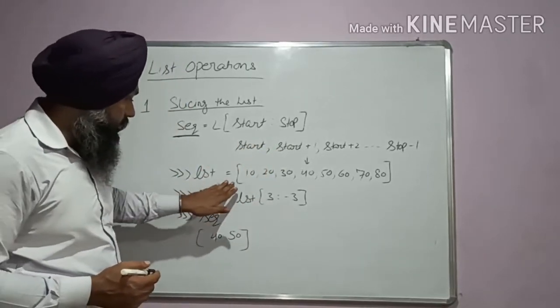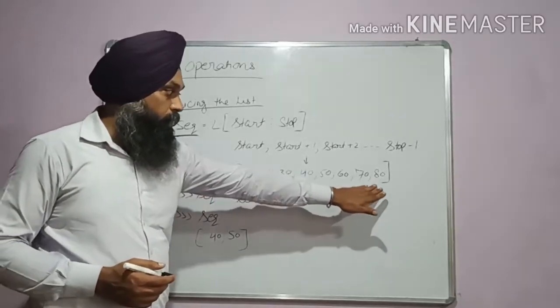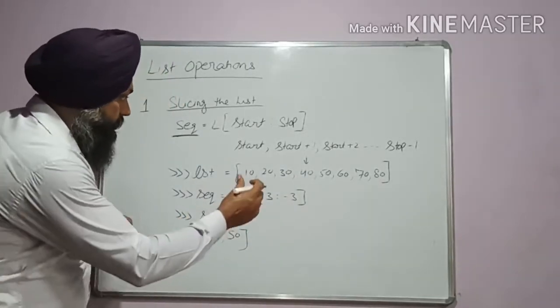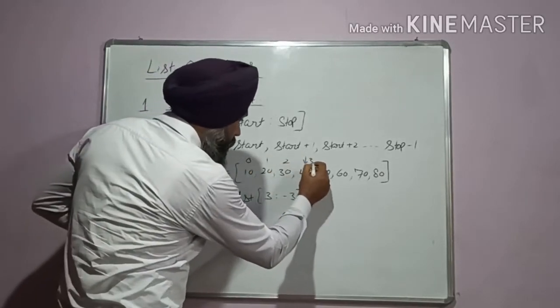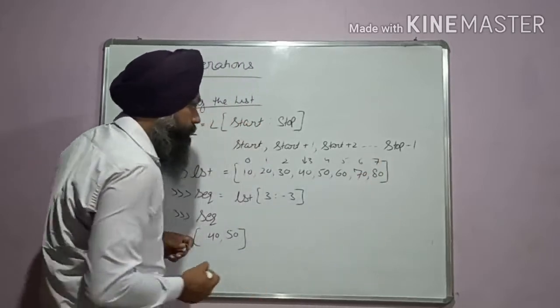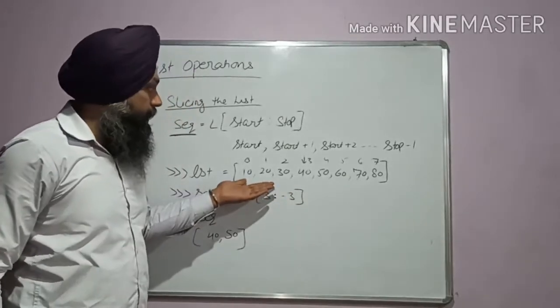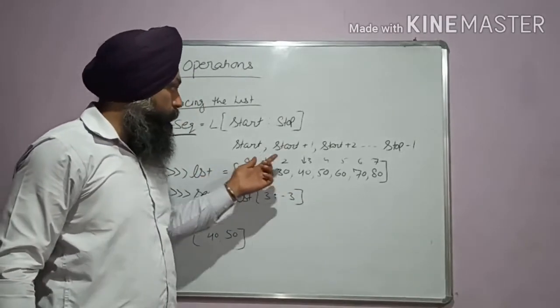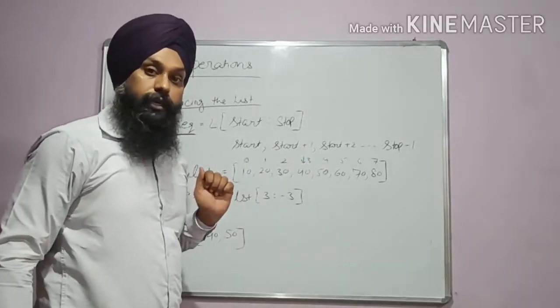Suppose we have the list having elements 10, 20, 30, 40 up to 80, and their indexes are 0, 1, 2, 3, 4, 5, 6 up to 7, because we have 8 elements, therefore the index will vary from 0 to 7. These are our positive indexes.